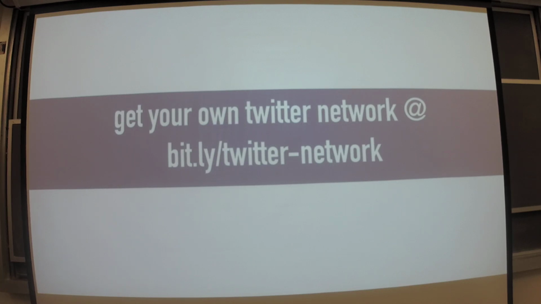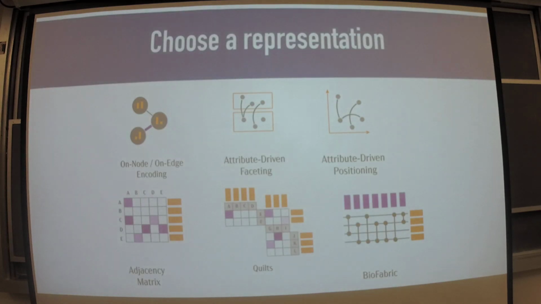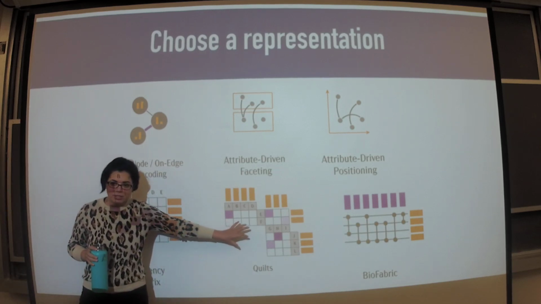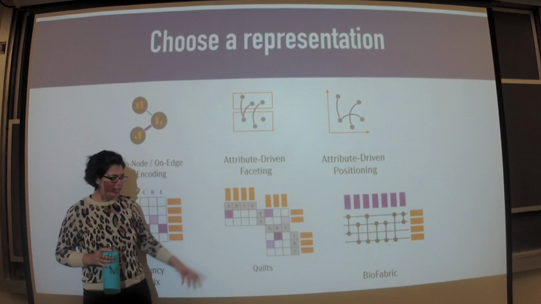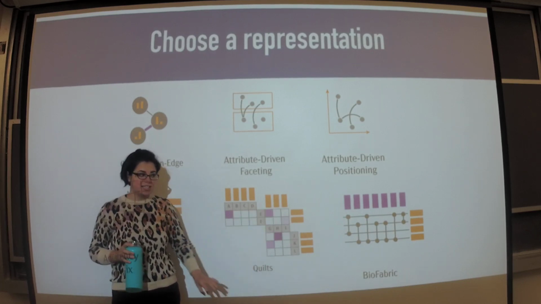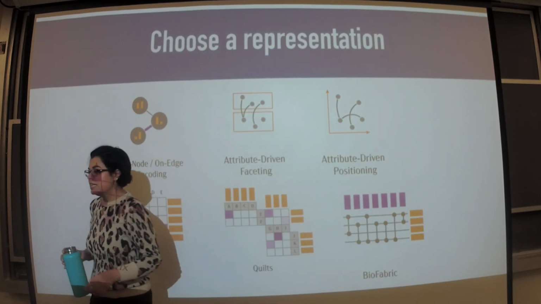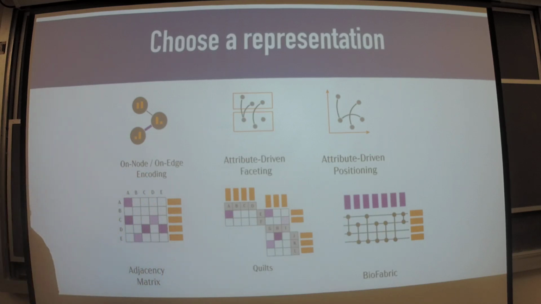Okay, so the activity is you're going to choose one of the 6 representations that we've talked about today, except for quilts, because the network that you have in front of you is not layered. So I actually should not have included that one here. So ignore that. So any of the other 5, and I want every pair of people to pick one and encode it.